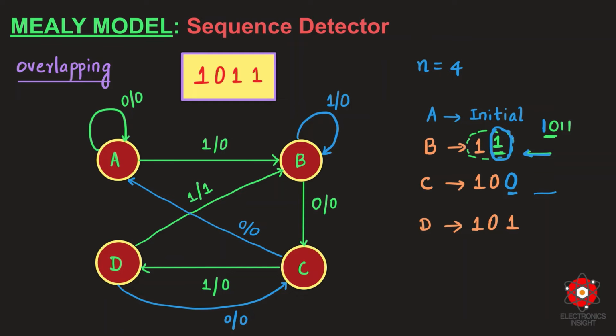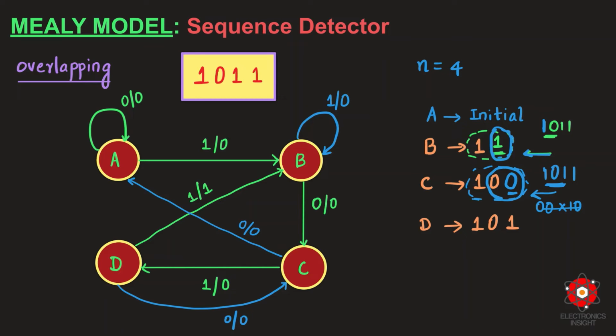Now again the same thing, read from the LSB. It is 3 bits, it is 100. 100 is not the same as my first 3 bits in the sequence, 101. So now just reduce to 00. 00 is also not the same as 10, so this also we will ignore.